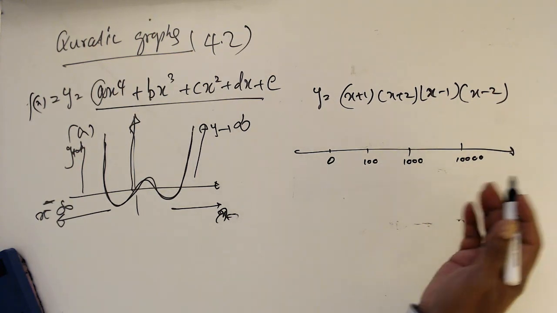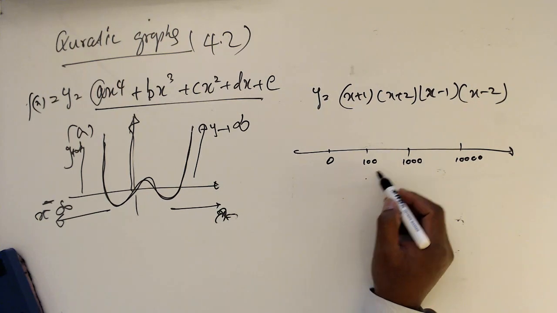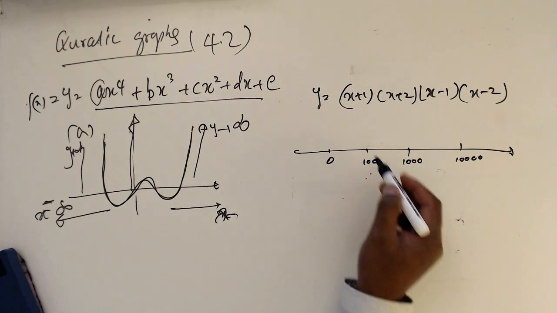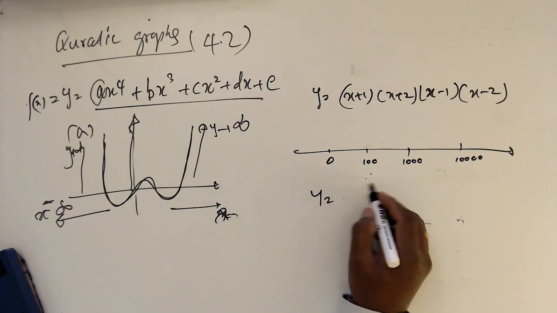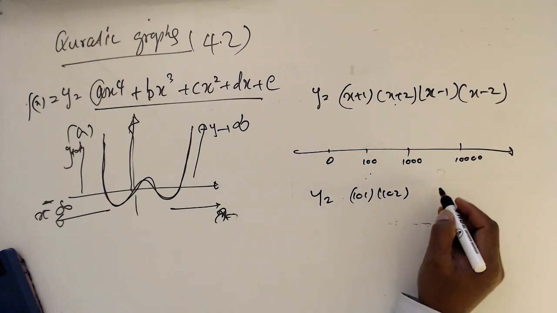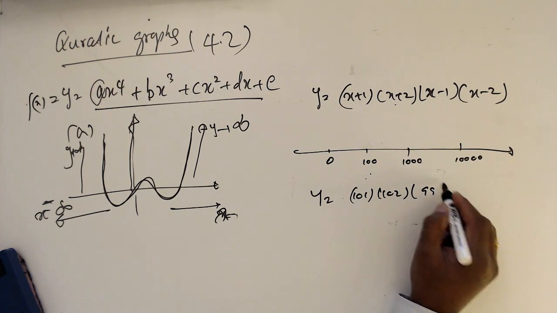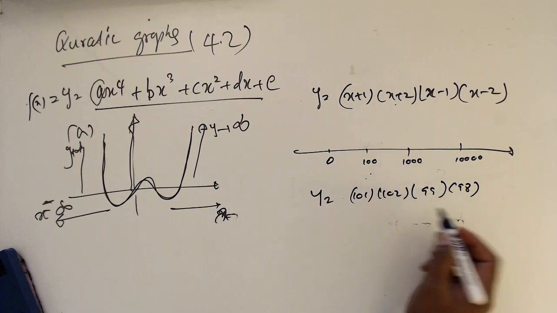Likewise, we put in bigger numbers. When you put x equal to 100, this is going to be 101, this is going to be 102, this is going to be 99, and this is going to be 98.